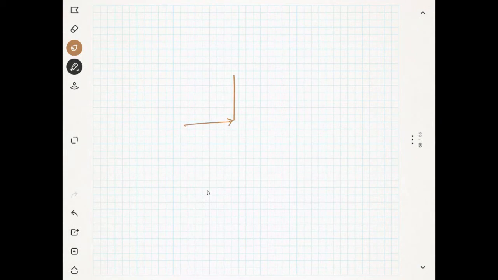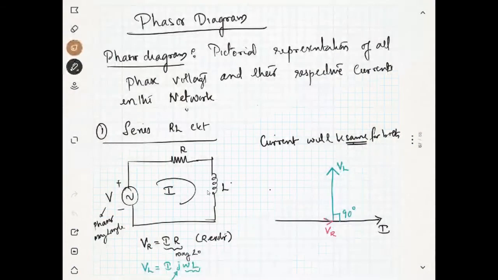If two vectors are like this, the result will be like this. This is known as the triangular law of vectors. I am not explaining this, so you can refer to any mathematics books. Then the total voltage of the circuit.